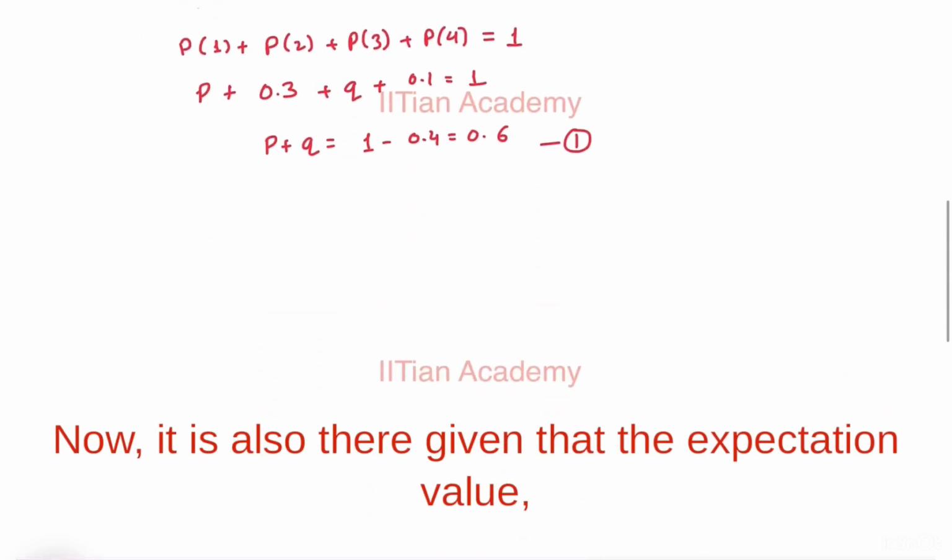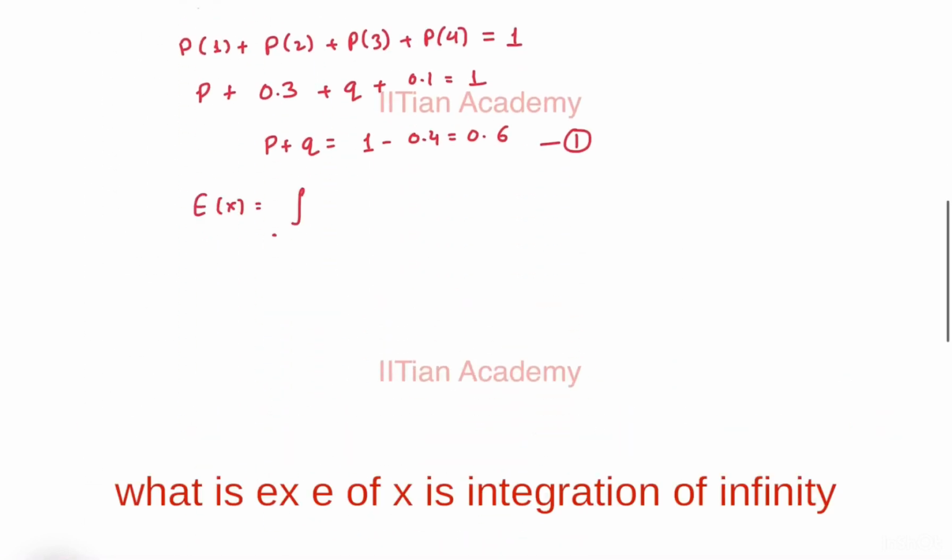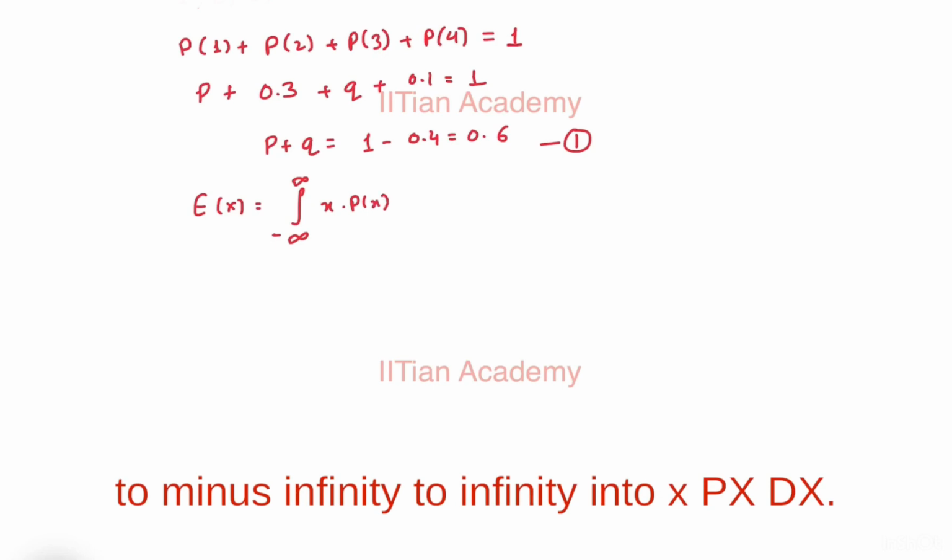Now it is also given that the expectation value E of x is 2. E of x is the integral from minus infinity to infinity of x times p(x) dx.